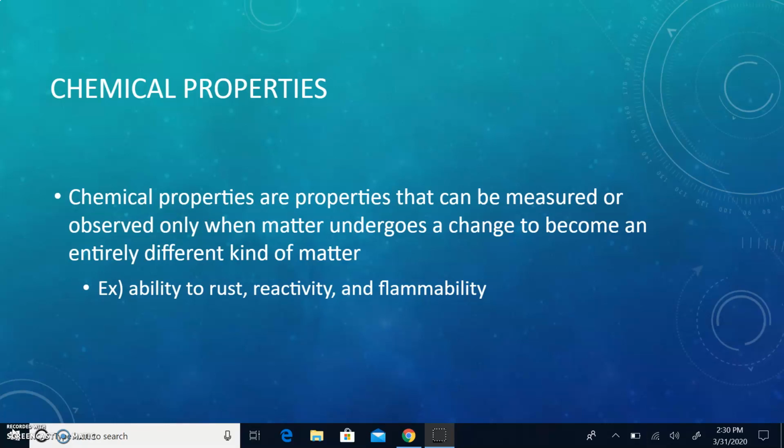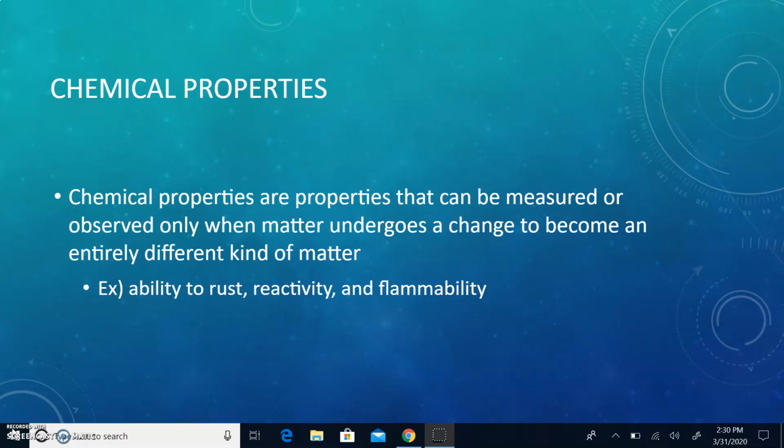Inflammability. We don't know if something is going to catch on fire unless we place it in fire and see what happens. If it catches on fire, then it's flammable, and it's changing as we're doing that. As something's being burned, it's not staying the same. Its atoms at the particle level are changing into different types.